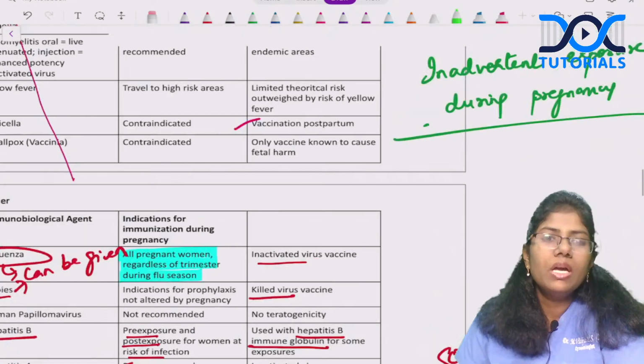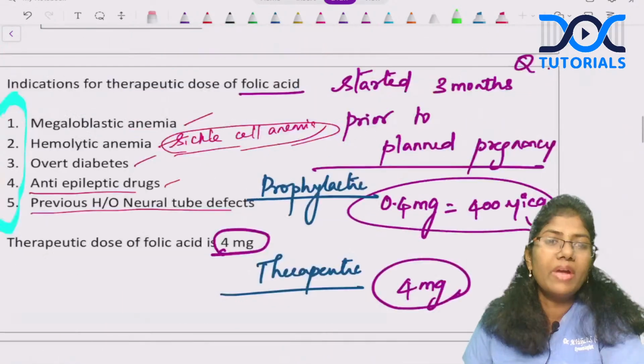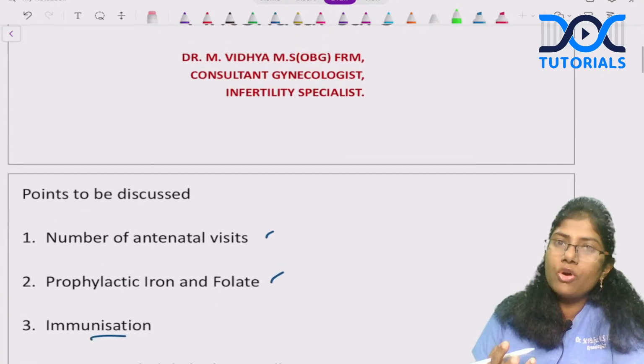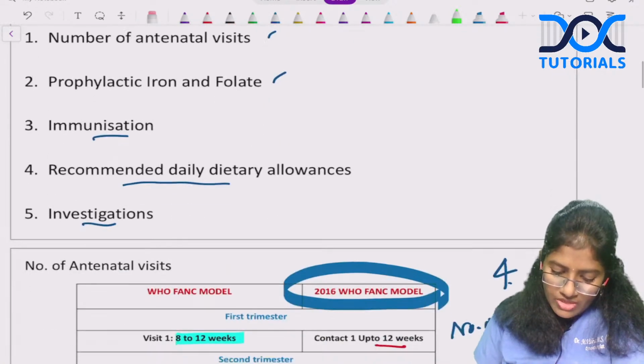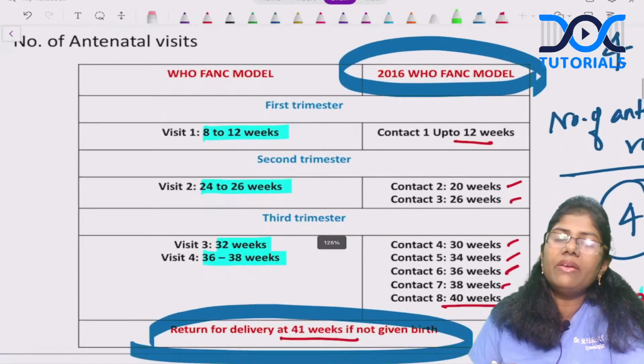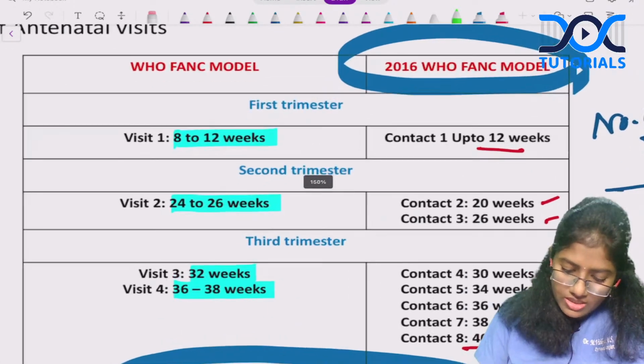Now remember, regarding the number of antenatal visits, we have 2 important guidelines from the WHO. The WHO until 2015 recommended 4 antenatal visits.